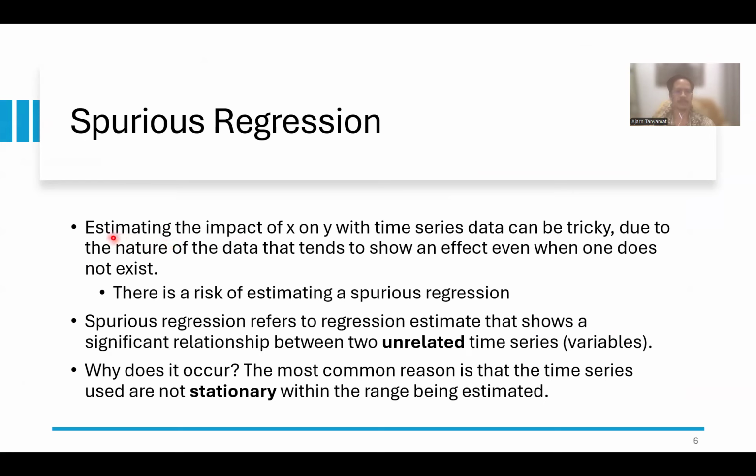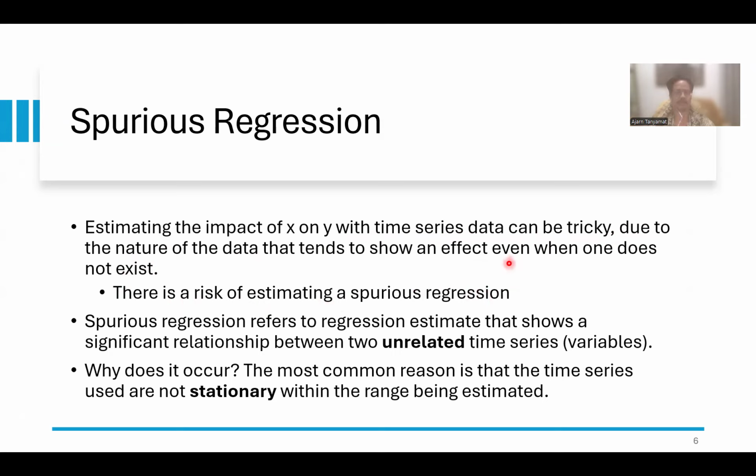So here's the thing, estimating the impact of X on Y with time series data can be tricky, right? Due to the nature of the data that tends to show an effect, even when one does not exist. Okay, so we refer to this situation that there is a risk of estimating a spurious regression.